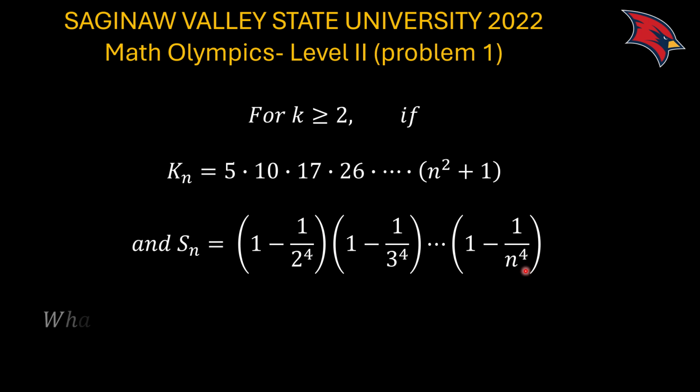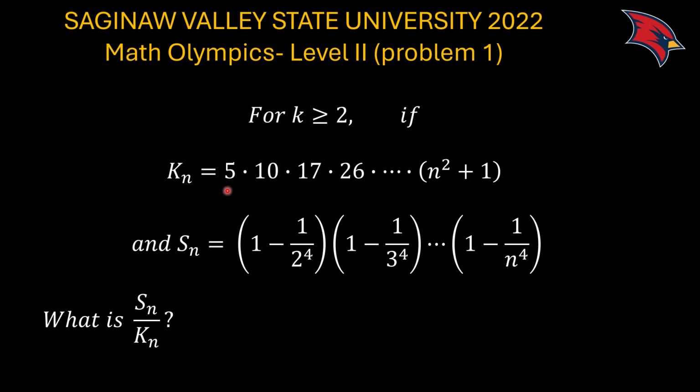What is capital Sn over capital Kn? So you realize the problem here really is in identifying what the small k is all about, and that is not really clear in the problem, but I'm assuming the small k is just an index.